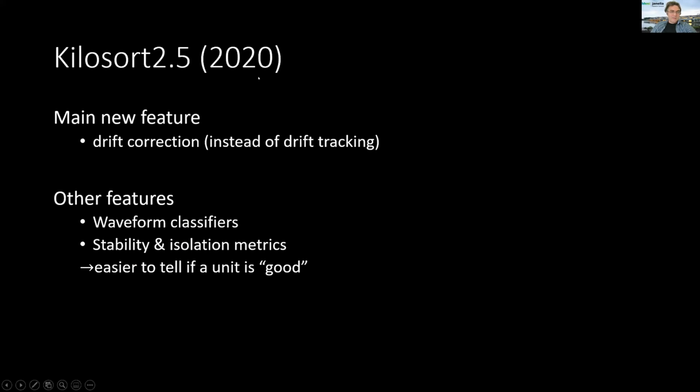This is the one that went out with the NeuroPixels 2 paper, so you can read a lot about it in the supplementary material of that paper. And the main feature now is drift correction. Instead of just tracking neurons as they drift, we're able to correct the data a priori.